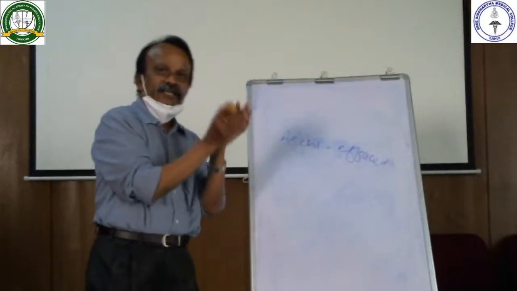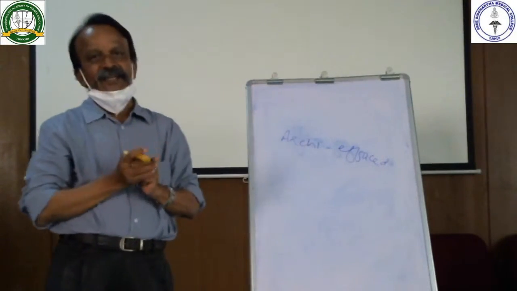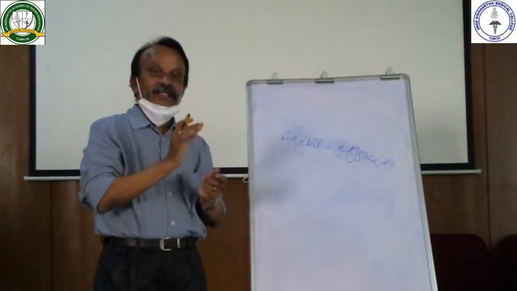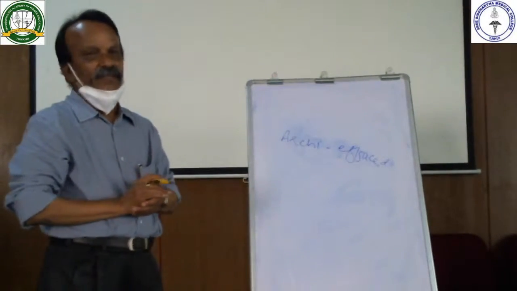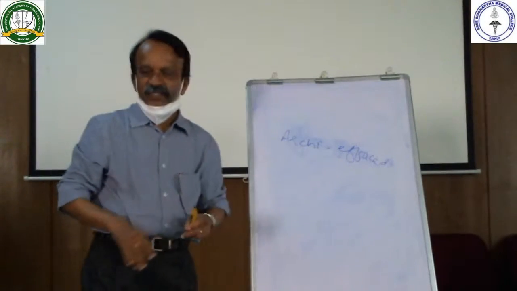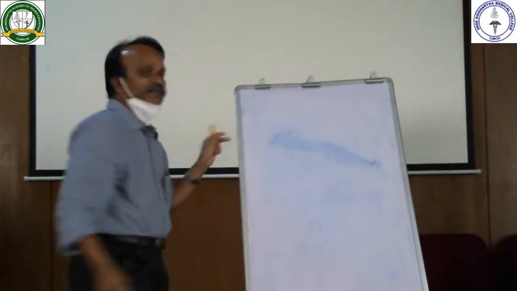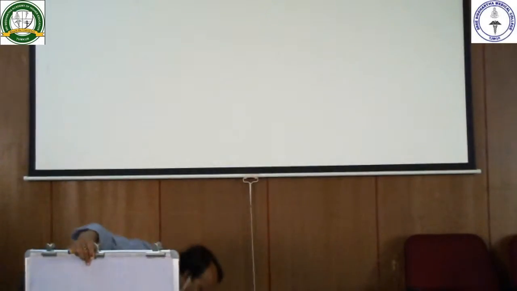Architecture means the lymph node should have a cortex, and in the cortex follicles, parafollicular area, and then the medulla. That is the meaning of the normal architecture. So here the architecture of the lymph node is completely effaced. Once there is effacement of this architecture, then we see small lymphocytes.